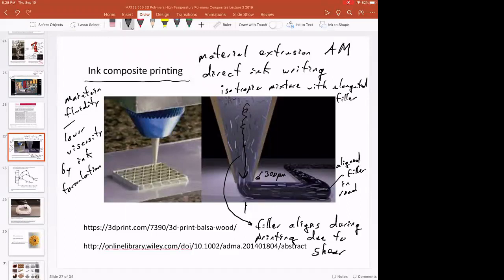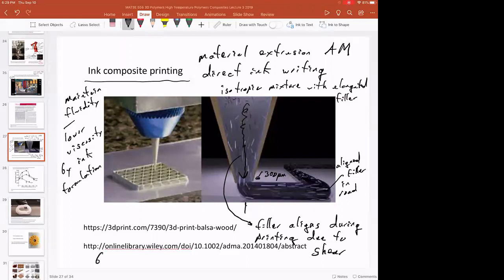Now, this does have the disadvantage that you can't print structures that are very high because you need high viscosity ink to do that, and not lots of inks are highly viscous. But you also have solvents you have to deal with, you have ink stability issues you have to deal with, and so there isn't a lot of industrial ink printing except in bioprinting.